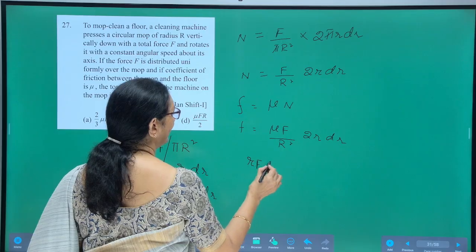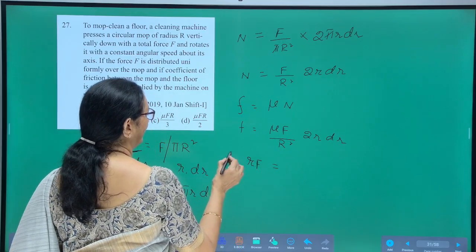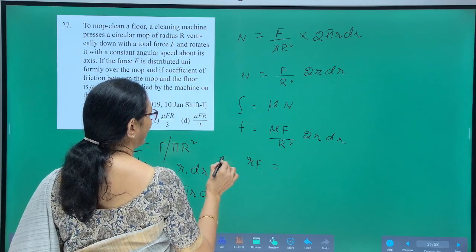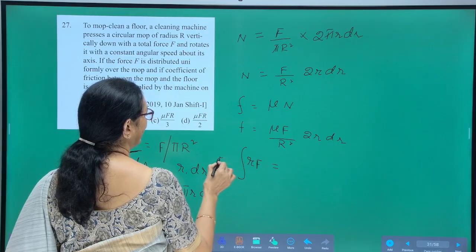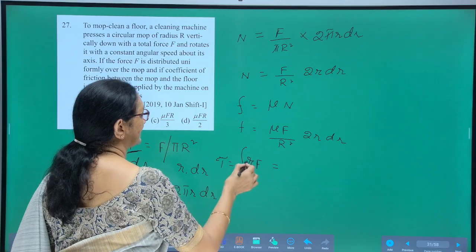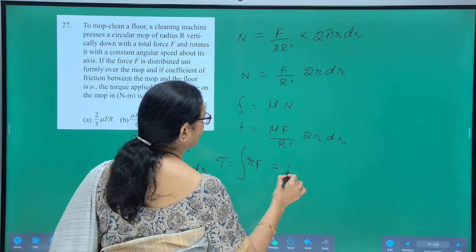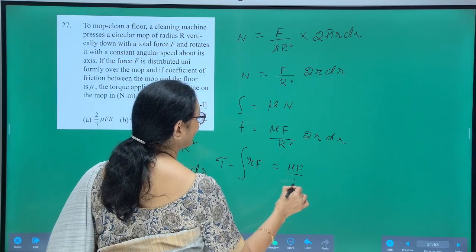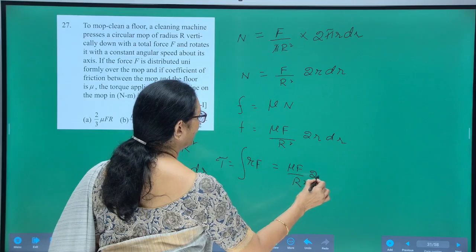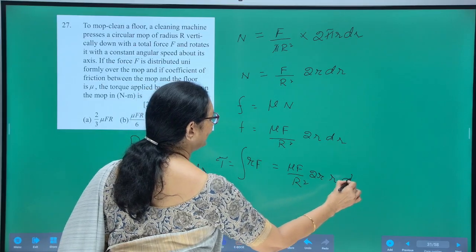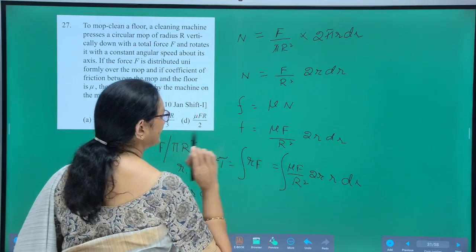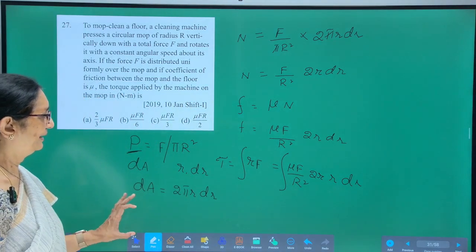Here r and f are mutually perpendicular. So, the net torque exerted is obtained by integrating this. So, it is mu F by r square, 2r into r dr. This is the net torque. Is it okay?